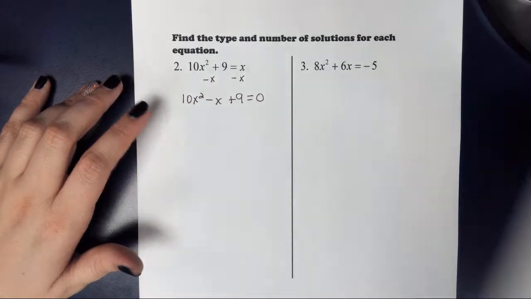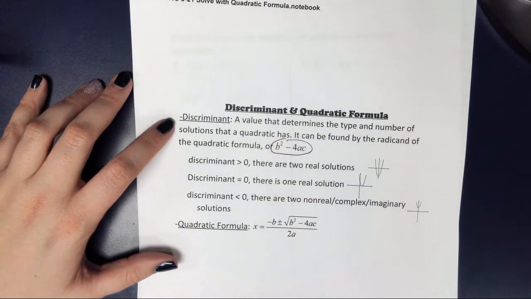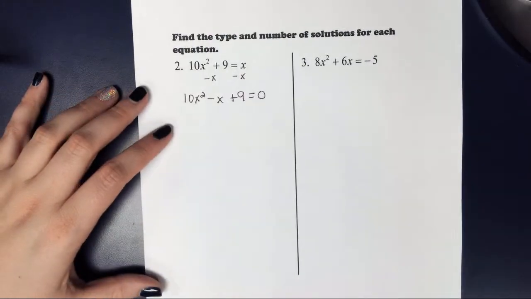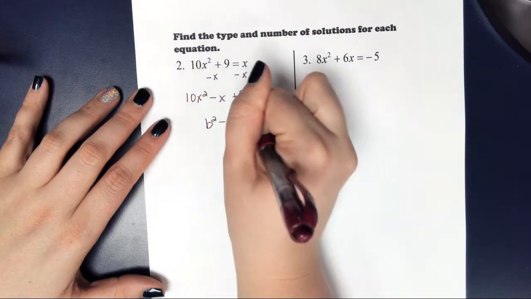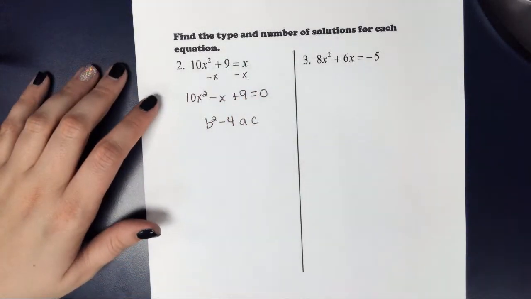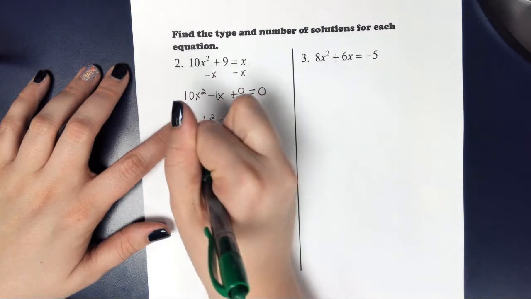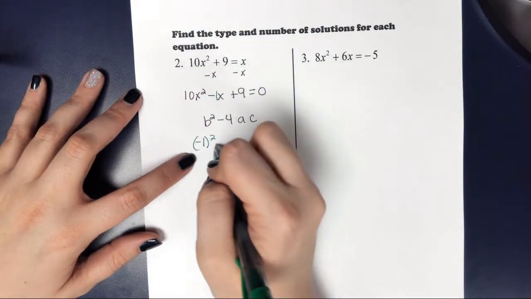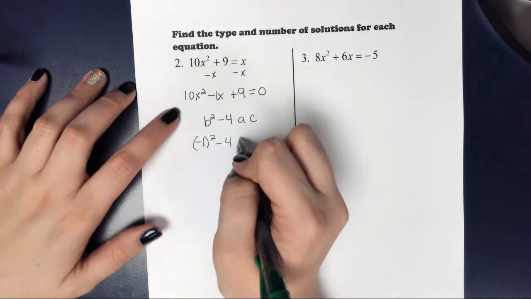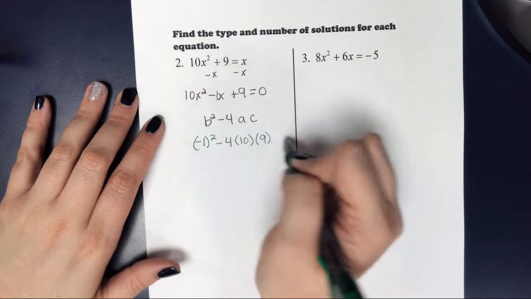And the discriminant is going to refer back to this right here. This right here is my discriminant that I'm going to use. So I'm going to use that formula b squared minus 4ac. Notice each of these are here. So I'm going to have b squared, which is understood to be negative 1 squared, and notice I put that in parentheses on purpose, minus 4 times a, which is 10, times c, which is 9.